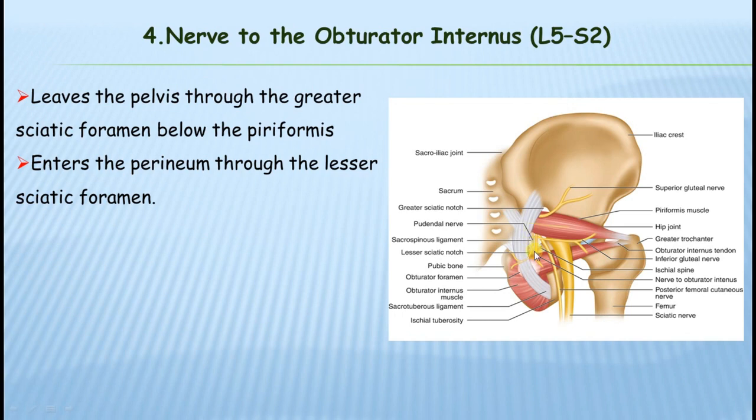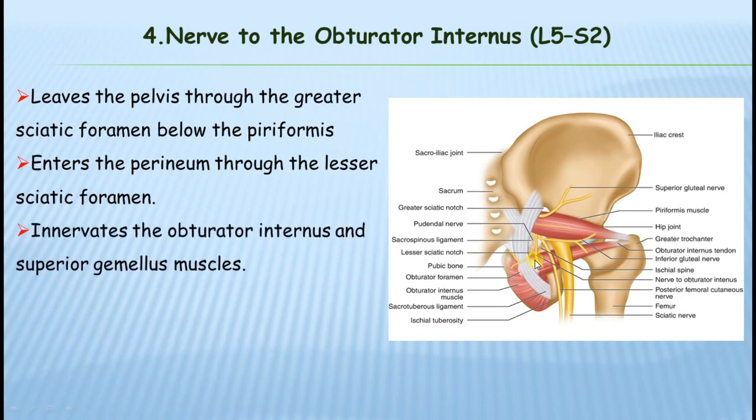Medial to the ischial spine are the structures: pudendal nerve, internal pudendal artery and nerve to obturator internus.